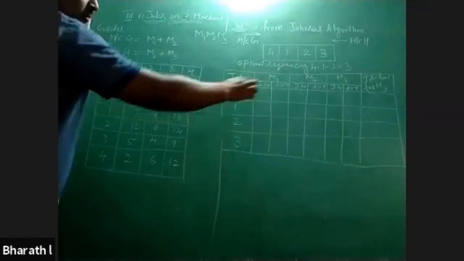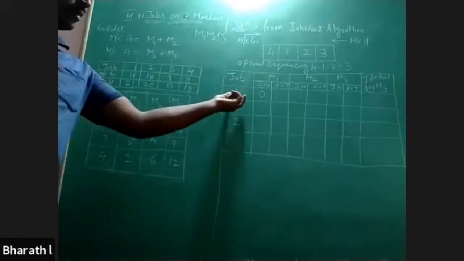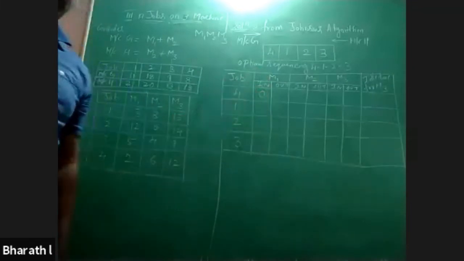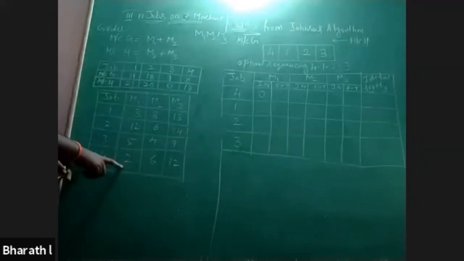For machine 1, for job 4, since the in time is 0, since job 4 is the beginning job, it will enter machine 1 at in time 0. In the table for job 4 on machine 1, the time taken is 2.